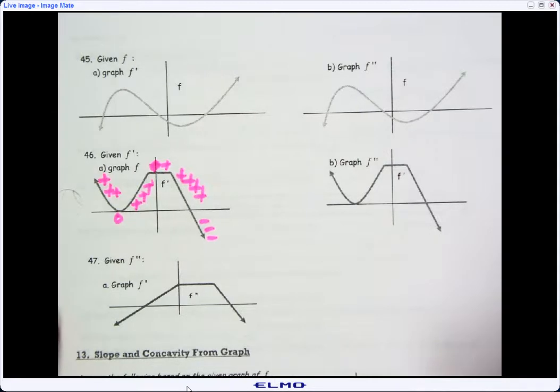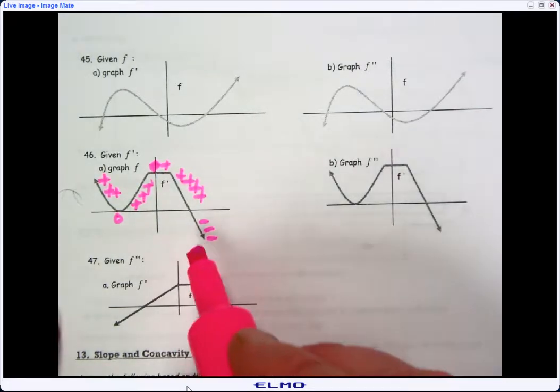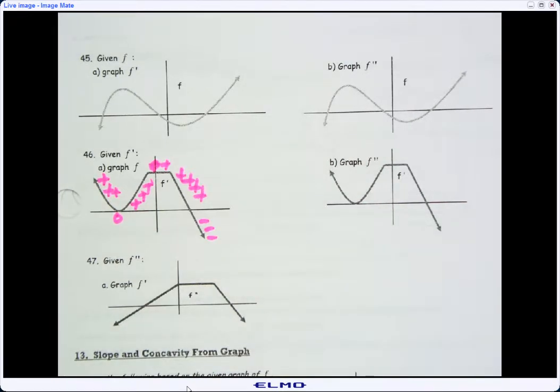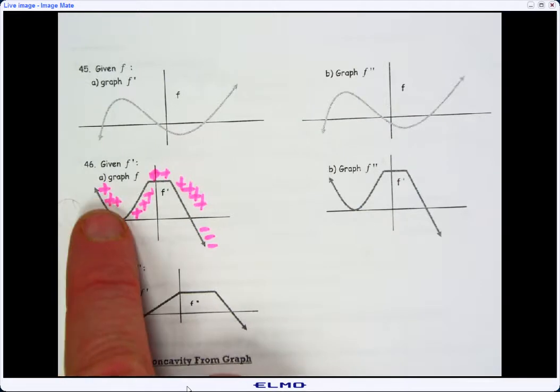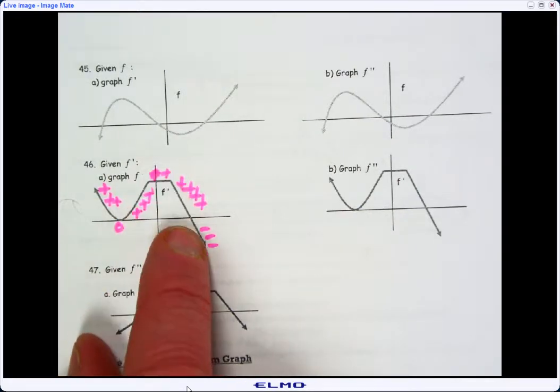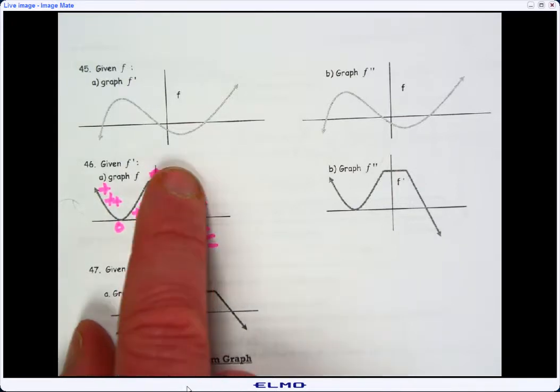Okay, so if that is the graph of the derivative, how would that relate to the graph of the original function? That means the original function would be increasing, then 0, then increasing, then 0, then increasing. We're not looking at the slope of the slope.